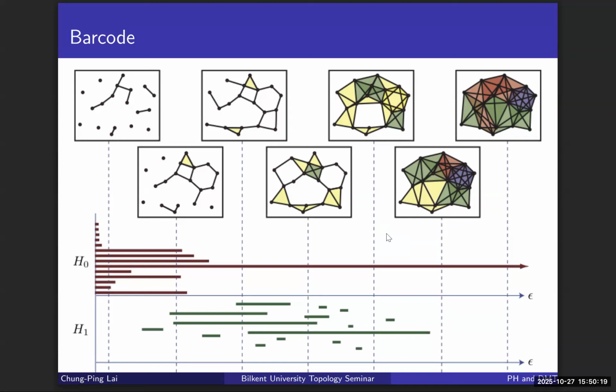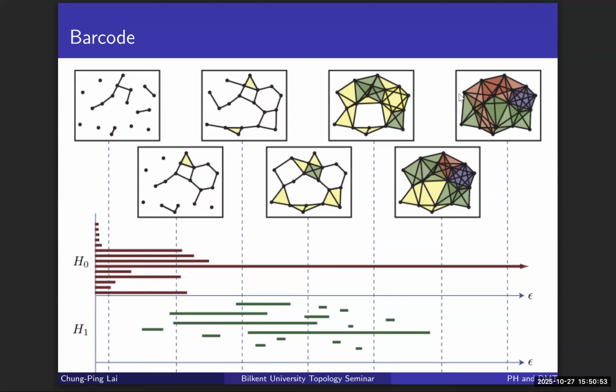Let me first show what I think is the best presentation of persistent homology, which is the barcode. The good thing about working in a field with a lot of computation is that there are a lot of great images circulating, which show the topic.